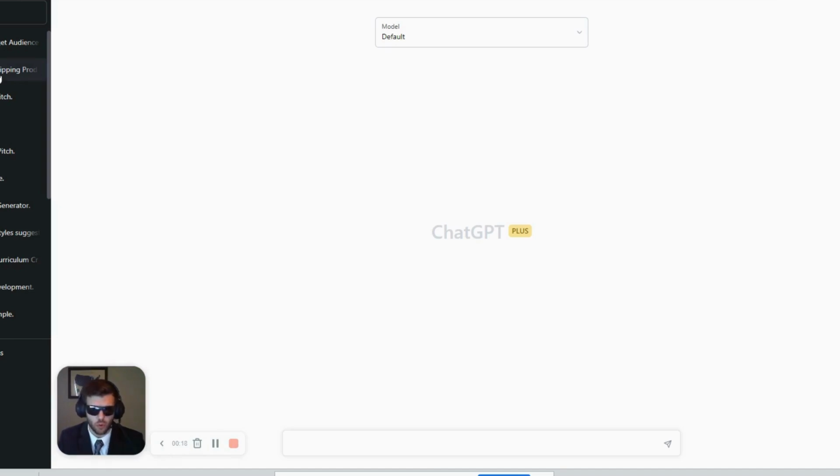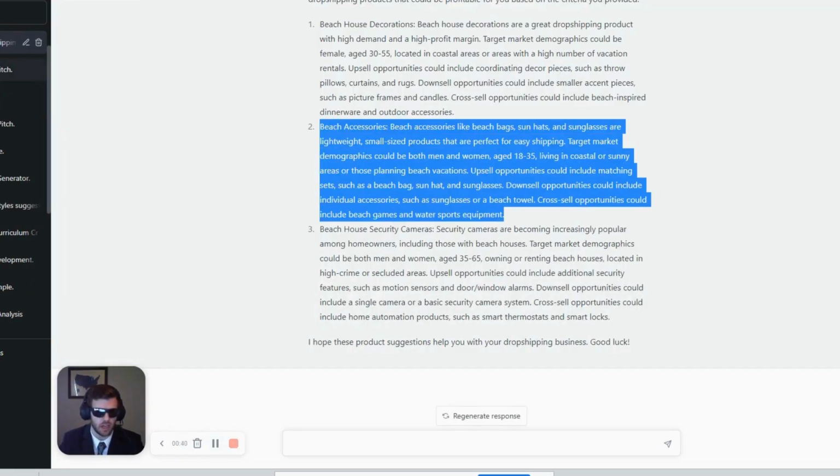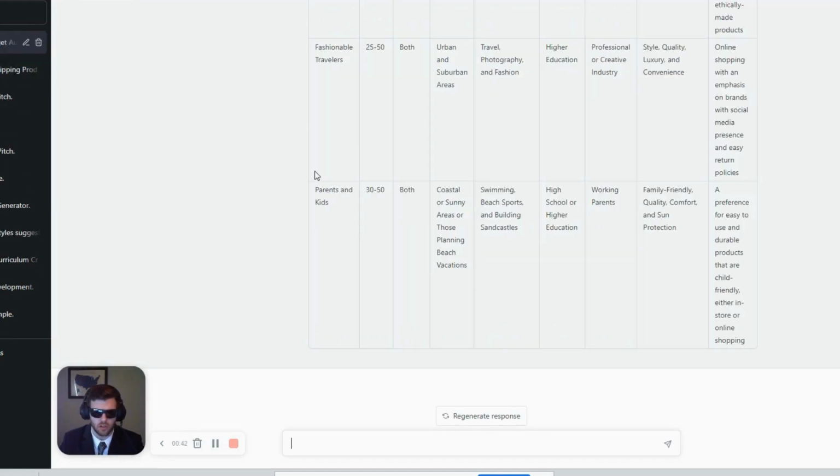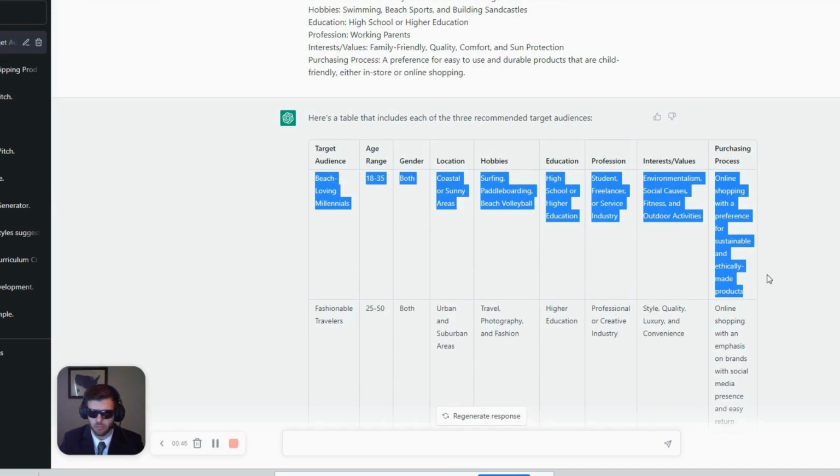Obviously, substitute your product's target market and all those different pieces in here, but the process is still the same. The application of how to do this will still work regardless of what you're doing, whether it's a product or service. The product we're going to use is beach accessories, and our target audience is going to be beach loving millennials.